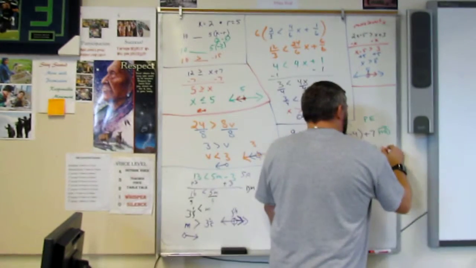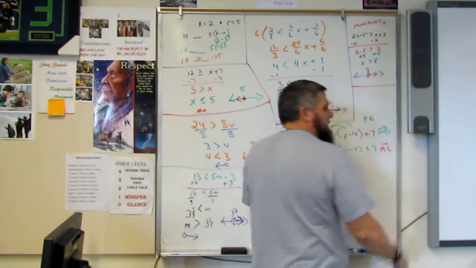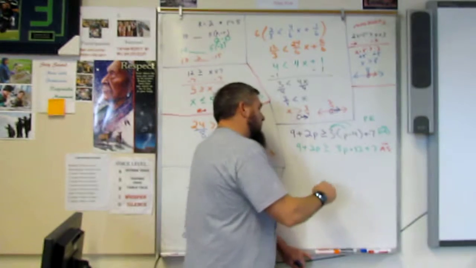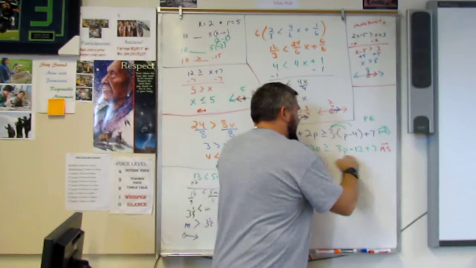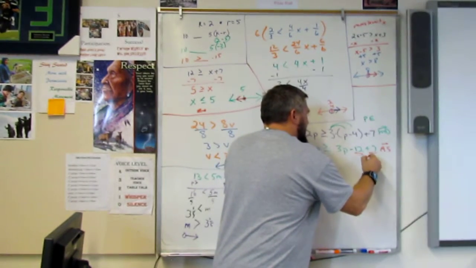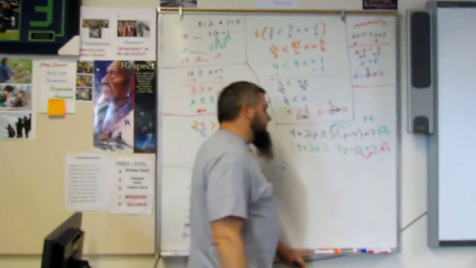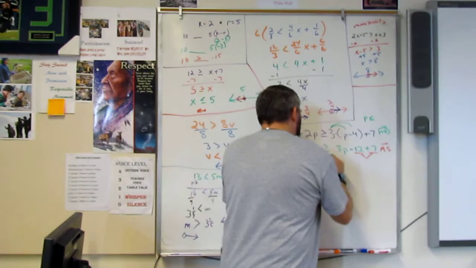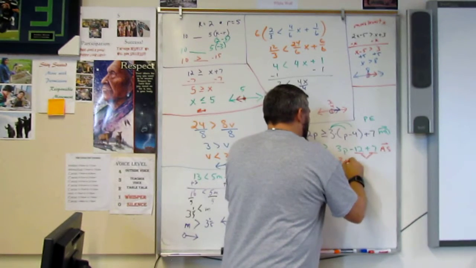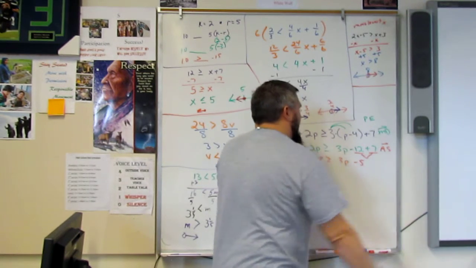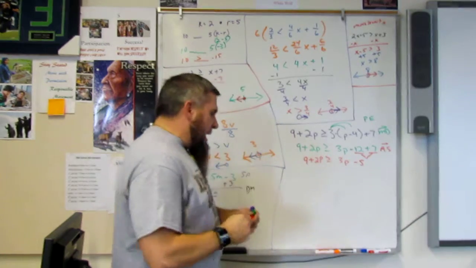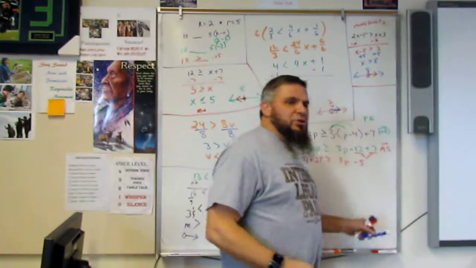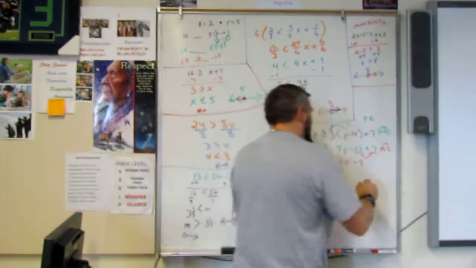Now I want to do addition subtraction from left to right. So I can't add anything here, but I can add these two. Negative 12 and 7 is negative 5, so I got 9 plus 2p greater than or equal to 3p minus 5.